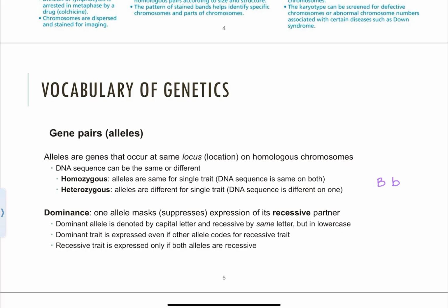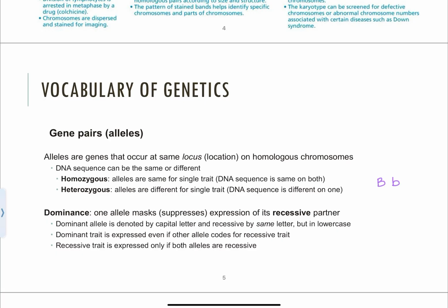Because again, we're using one letter, the letter of the dominant allele, and then the capital version represents the dominant allele, while the recessive allele is going to be represented by a lowercase letter.